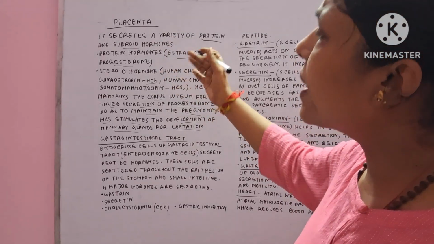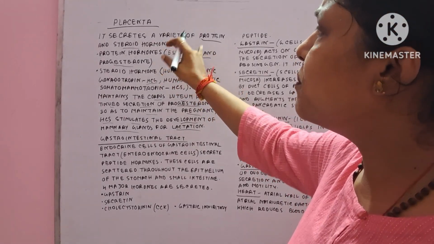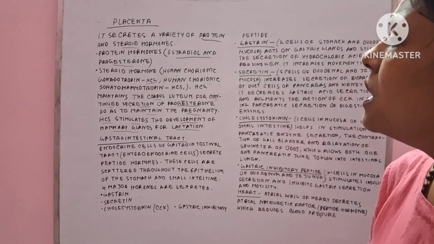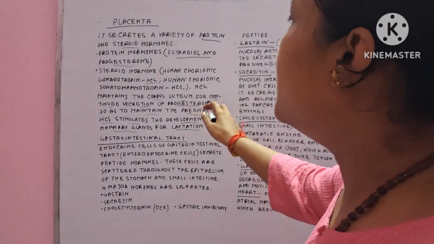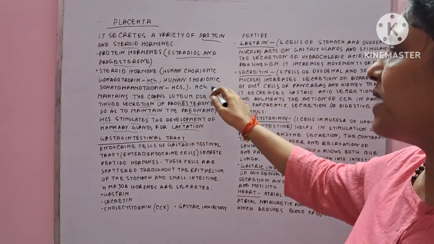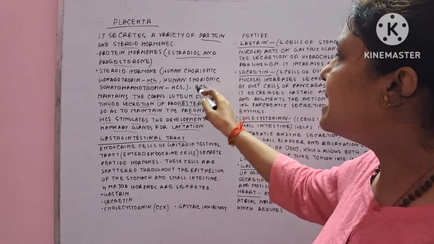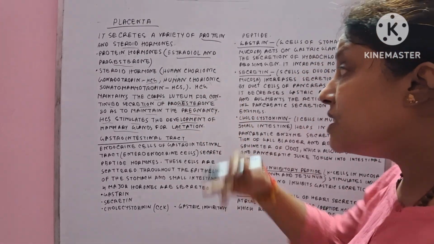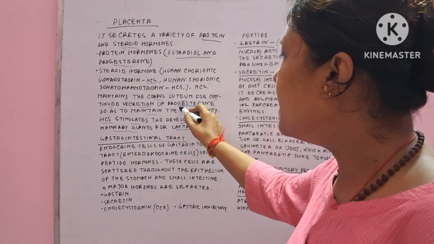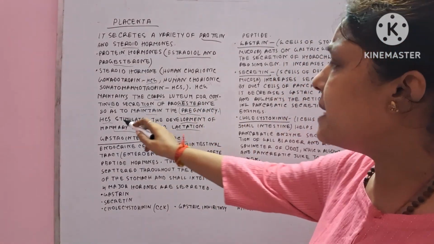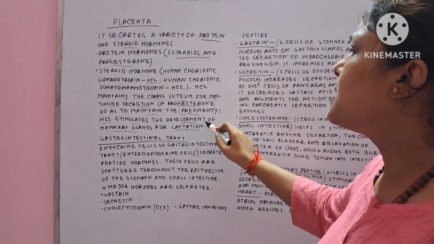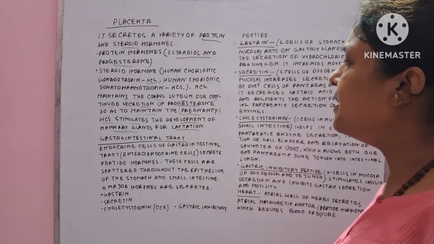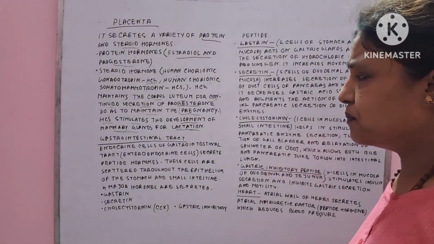I will try to explain the role of these hormones in my next video. Clear? So the role of HCG is that it helps to release the progesterone from the corpus luteum continuously to maintain the pregnancy. And HCS generally stimulates the development of the mammary gland for the lactation.